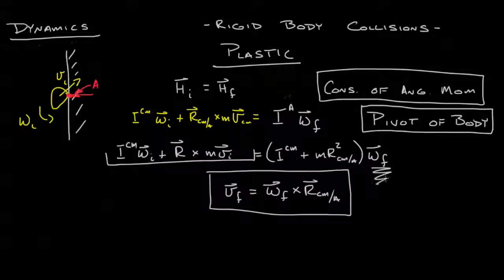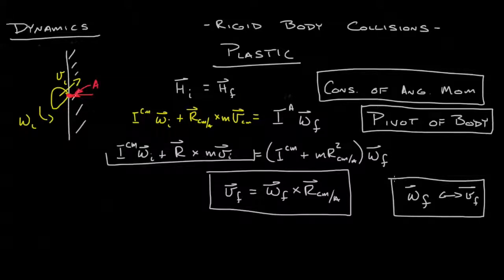So this is how we find the relationship between the final angular velocity and the final linear velocity.